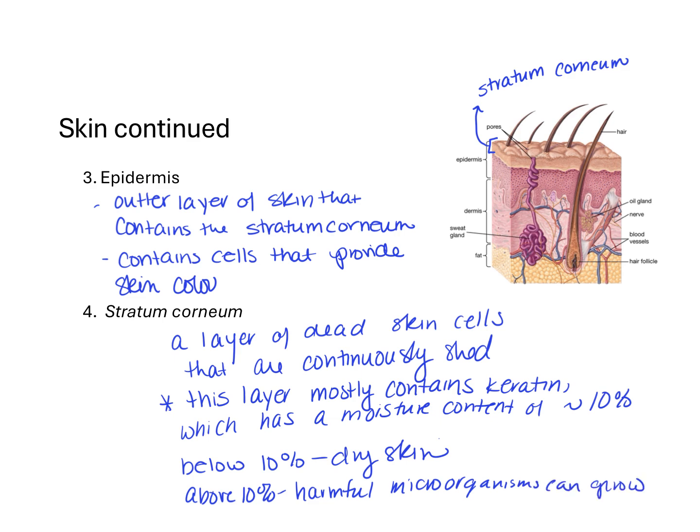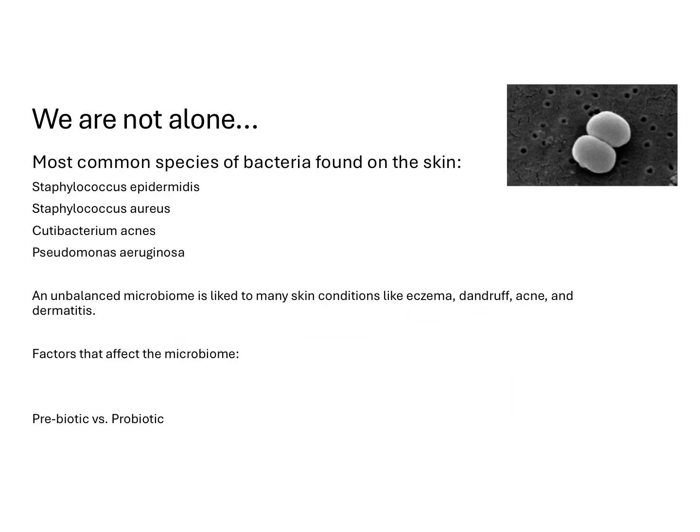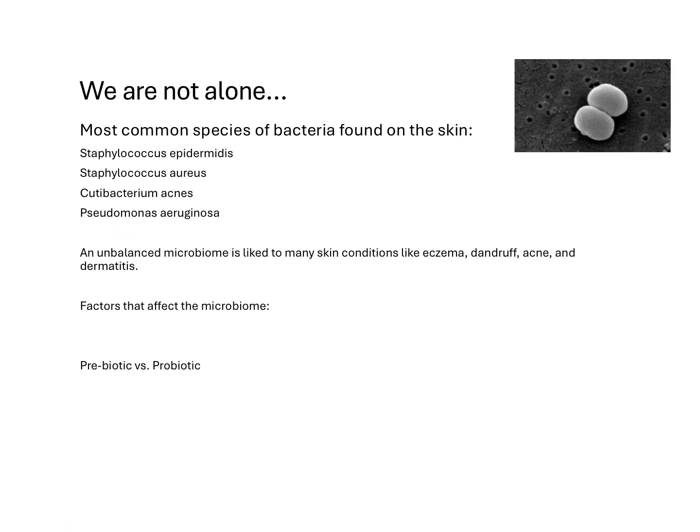Now, when we talk about these harmful microorganisms, it's worth mentioning we are not alone. We have lots and lots of bacteria that live on our skin. So the most common species of bacteria that we find are the four that are listed here.